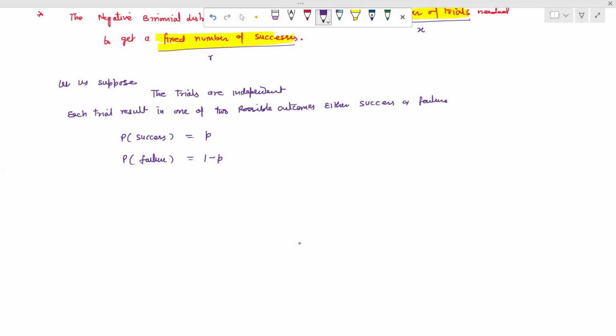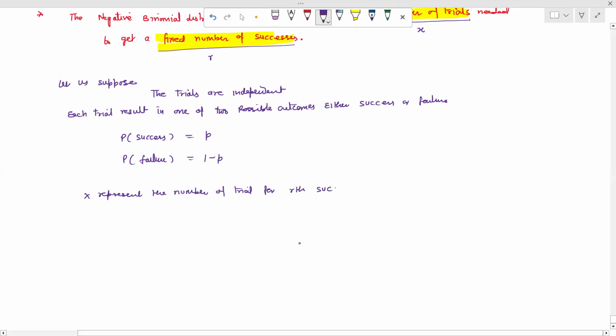So here X represents the number of trials for the rth success.